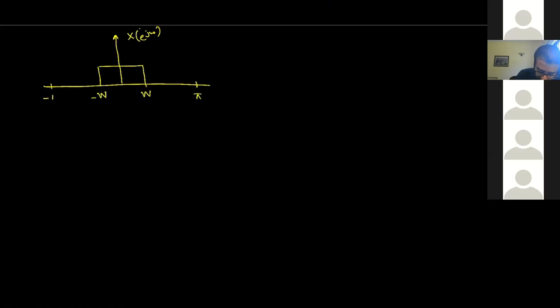So last night Saif asked: I know if I have an ideal low pass filter H of e raised by j omega, so let's say this is X of e raised by j omega, which from minus w to plus w has height 1, and if I take the inverse Fourier transform for this in the time domain, I get x of n equals sine wn divided by pi n, right?